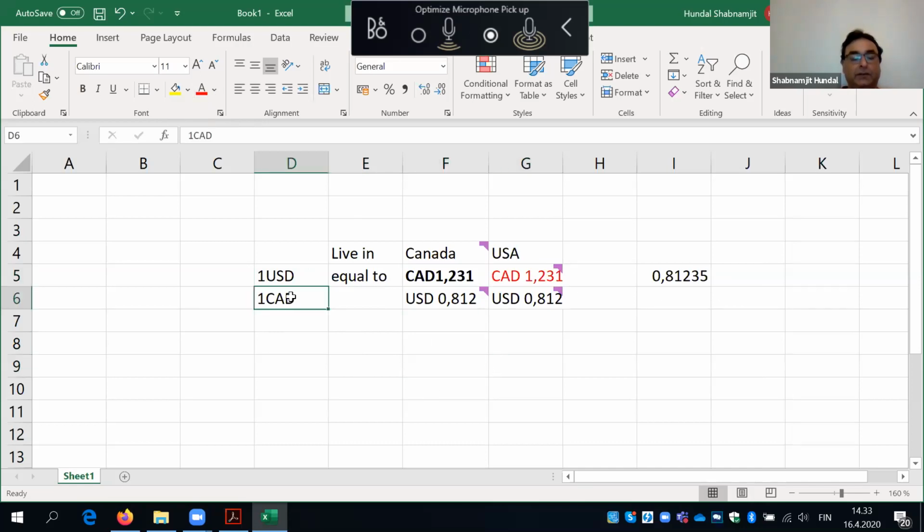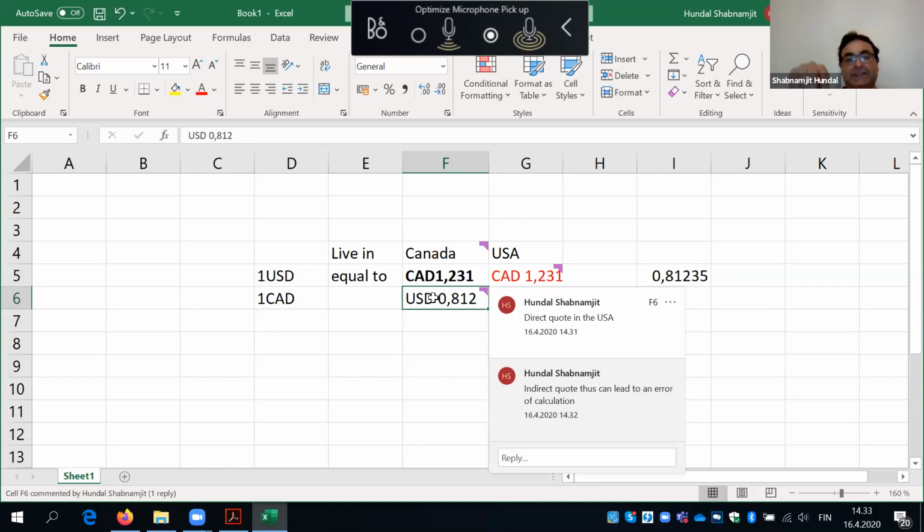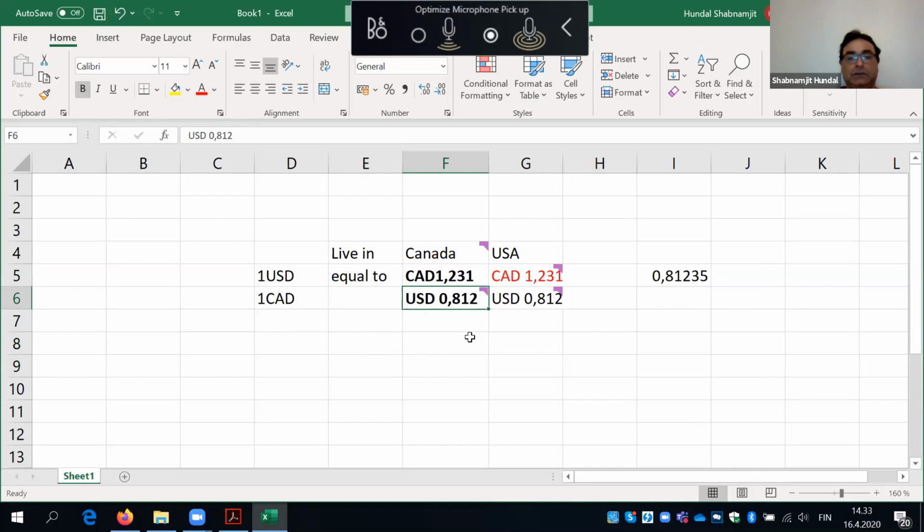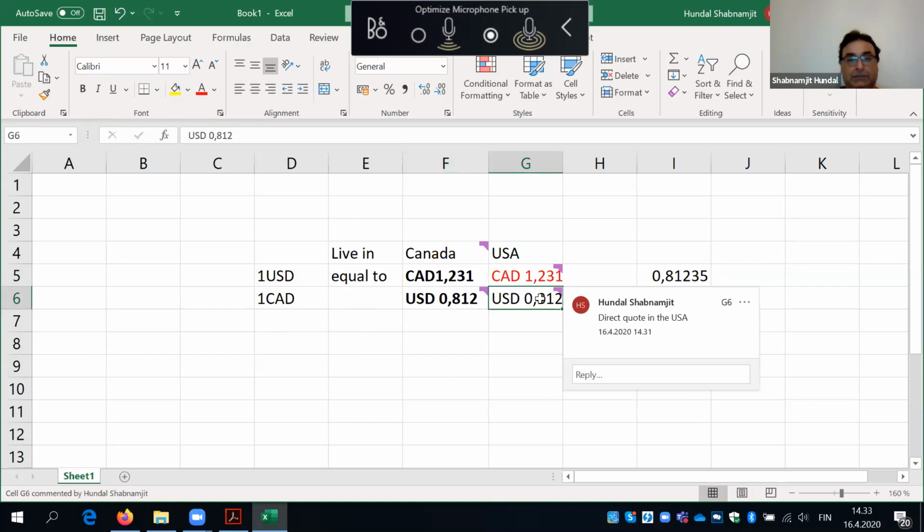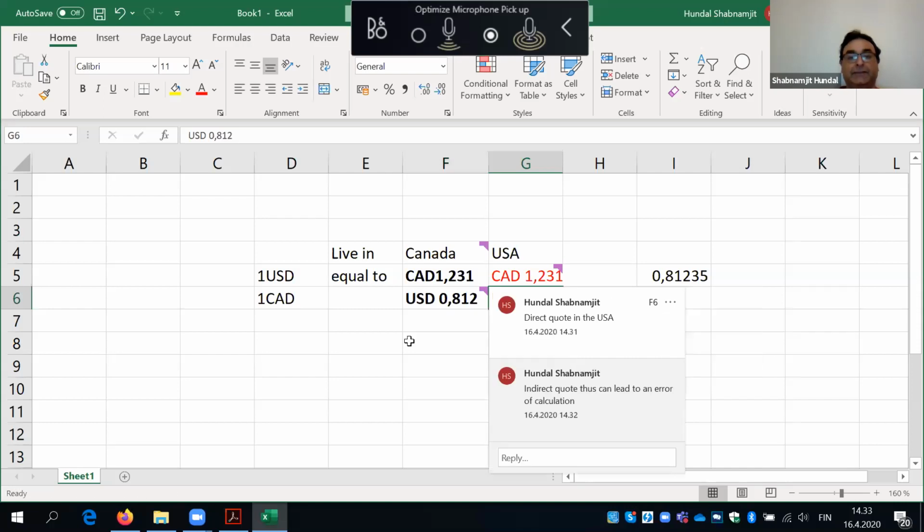Similarly, if you are in the USA and you are checking the price of 1 Canadian dollar and you are writing the price in the domestic currency of America, this is correct. But if you want to write 1 Canadian dollar is equal to this many USD in the US, yeah, so in Canada, this is a mistake.